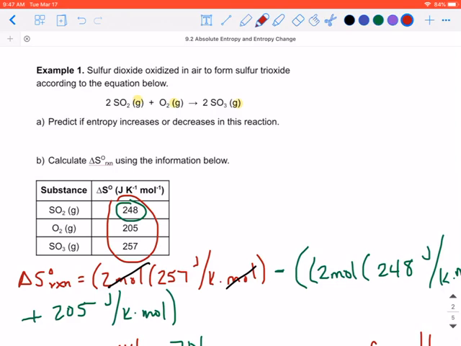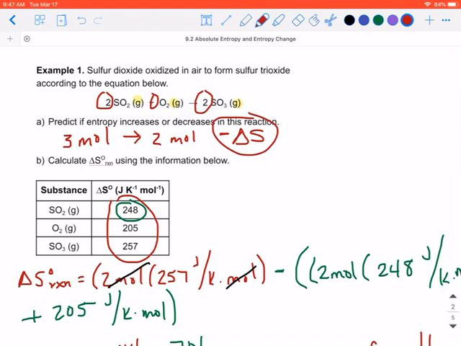In the first reaction, I have 2 moles of SO2 and 1 mole of O2, so 3 moles of gas starting off. In the end, I am ending with 2 moles of gas. So this reaction is becoming more ordered as it takes place, and I can predict that this is going to be a negative change in entropy.